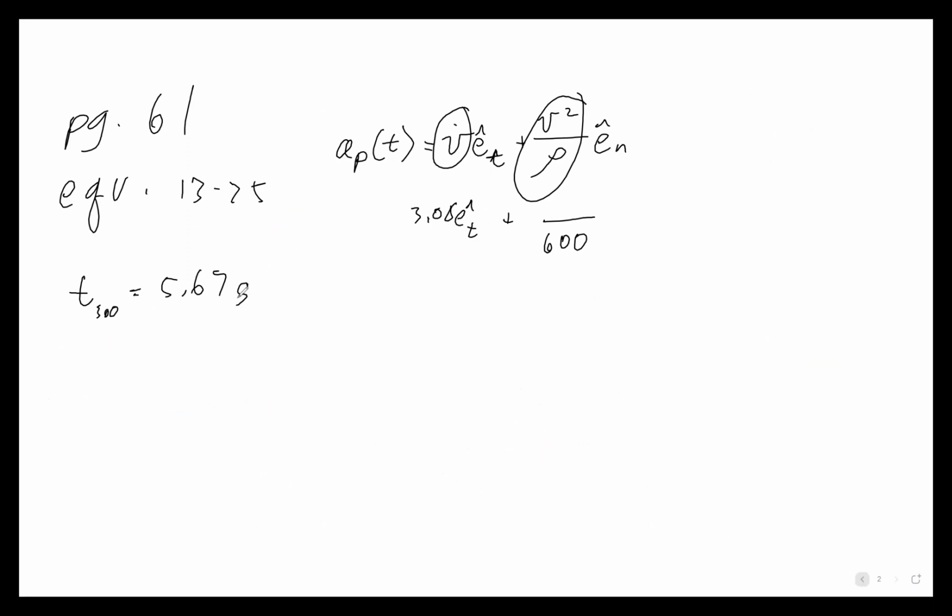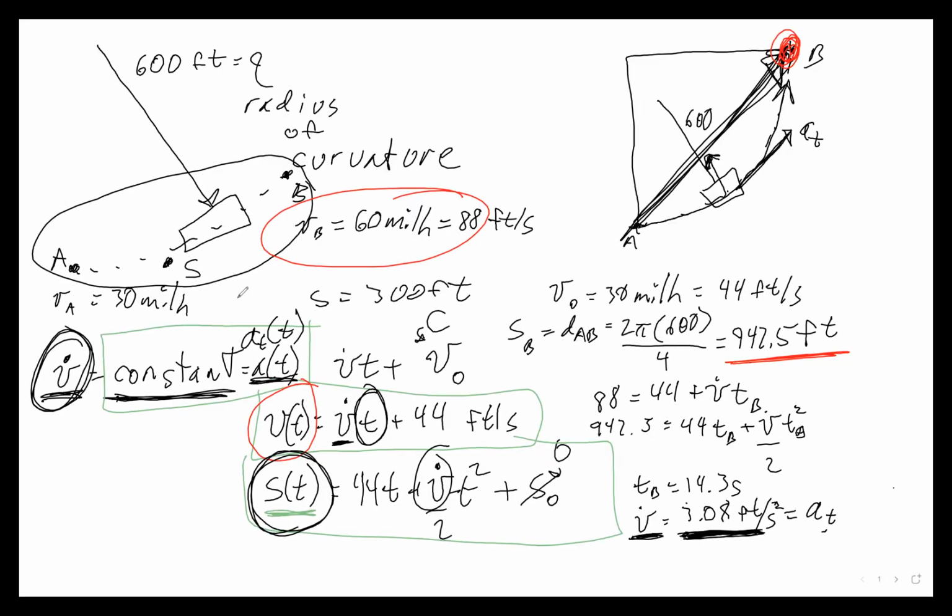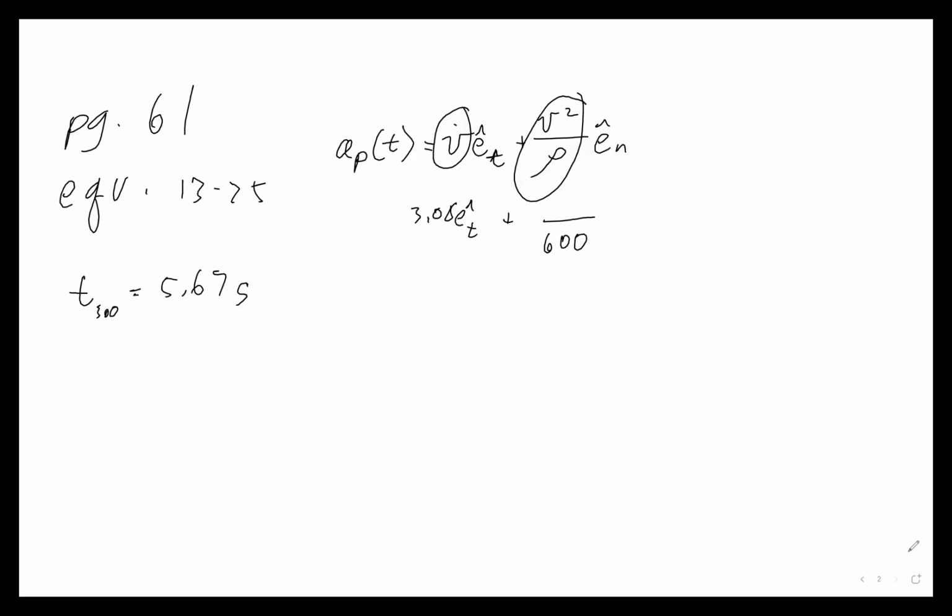Does that make sense? Well, we know b is at 14.3 seconds, and we know that the entire route traveled is 900 feet, so 300 feet is about 1/3 of the way. That makes a little bit of sense. That's about right. It's a good opportunity to make sure things make sense when you get them.